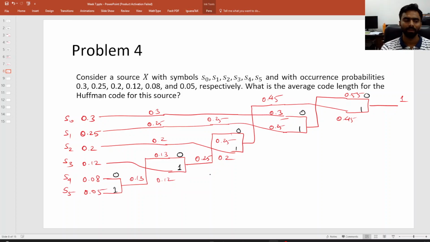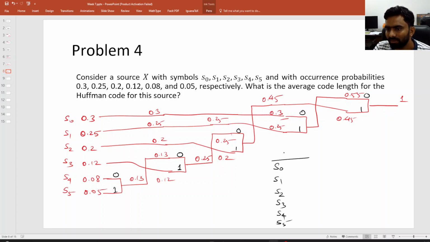Clear? Now we will backtrack and find the codes for the symbols S0, S1, S2, S3, S4 and S5.